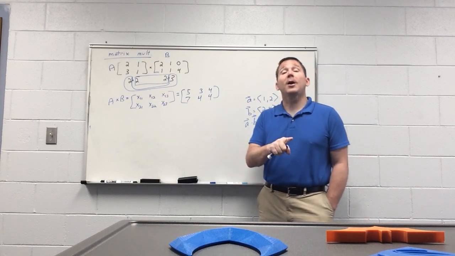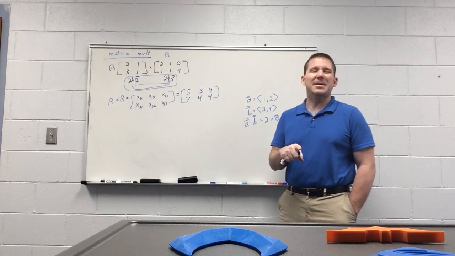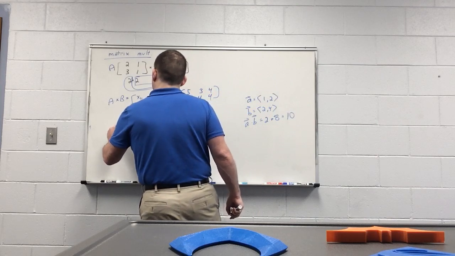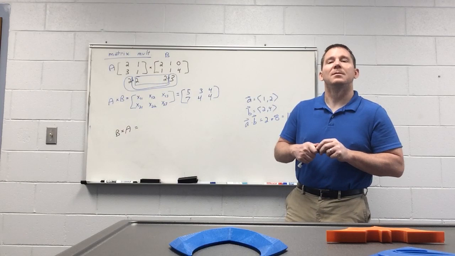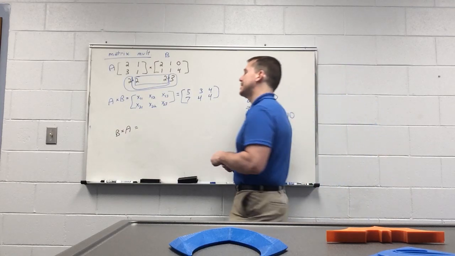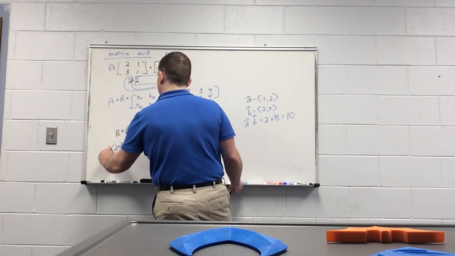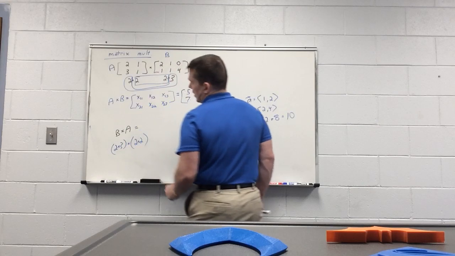But we were talking about properties of numbers and operations, commutativity and things like that. What is B times A? Well, in this case, B is a 2 by 3, A is a 2 by 2.